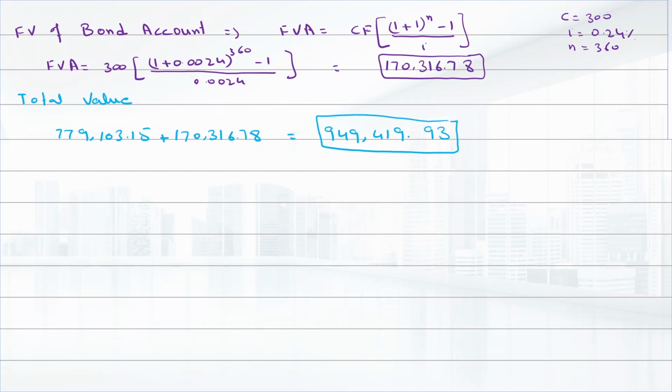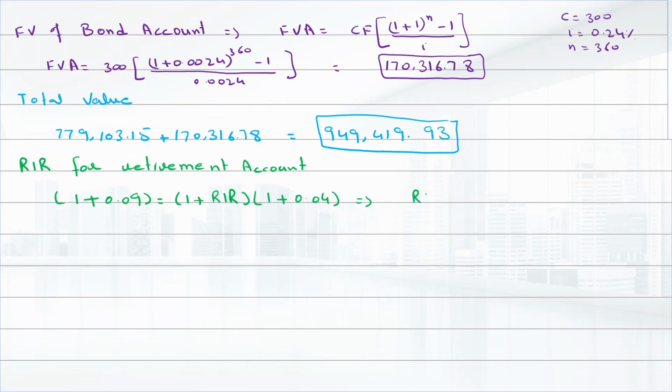Now we will find the real monthly interest rate for this retirement account. For the retirement account, 1 plus nominal interest rate is 1.09, that is equal to 1 plus the real interest rate that we have to find, times 1 plus the inflation rate of 4%. The real interest rate is 4.81%.